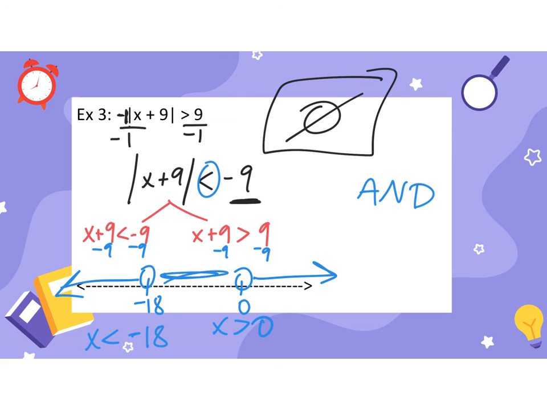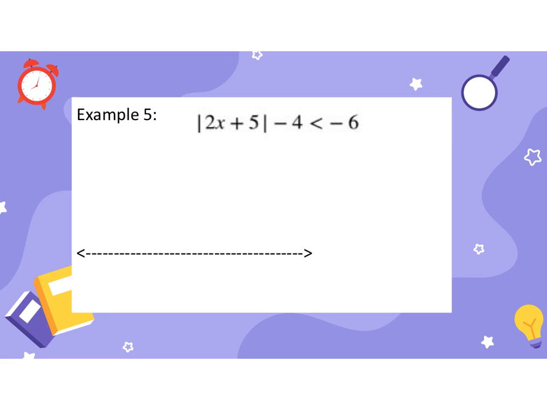They have nothing that tells me where they met in the middle. So therefore, if you have a problem like this, it looks like an OR, but it's supposed to be an AND, it's going to be a no solution. And again, I could have spotted it up here because I would know that a positive number can never be less than a negative number. Okay? Let's try another one.